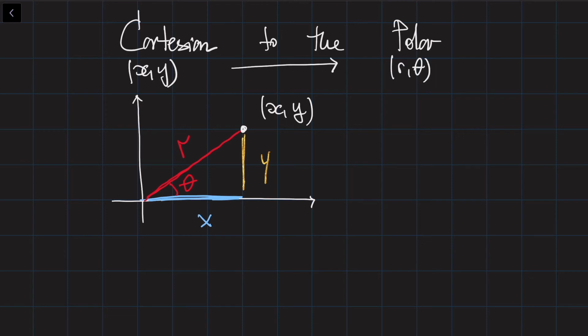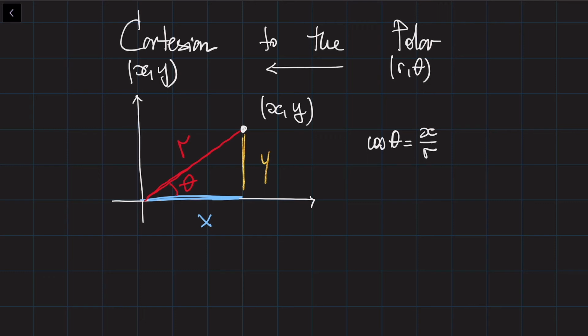I know that cosine of theta is equal to the adjacent side x divided by r. We have to do this vice versa too: if you're given the polar coordinates, how to find the Cartesian.